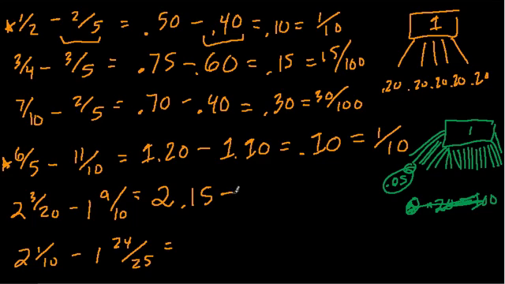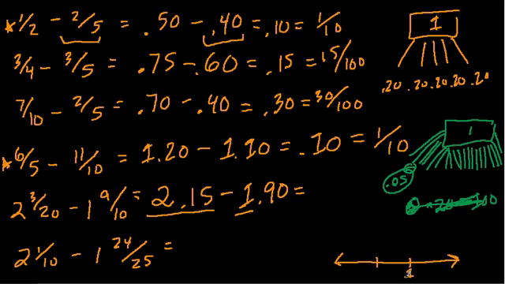So we have $2.15 minus $1.90, or 90 cents in the 9/10 part, right? That's 9 dimes. So I think, well, what's 2.15 minus the dollar? That's 1.15, minus another 90 cents. What I picture is, well, first we have to take 15 cents away. We're taking 90 total. Take 15. How much more do we have to take?